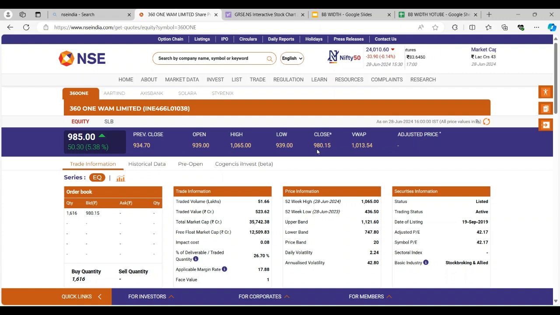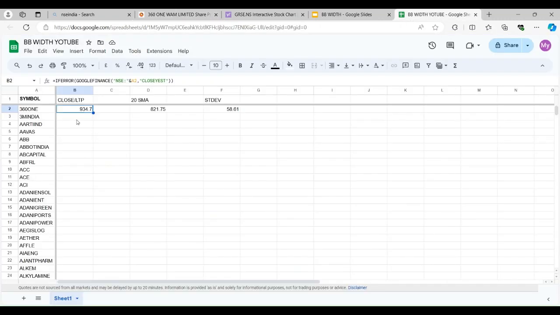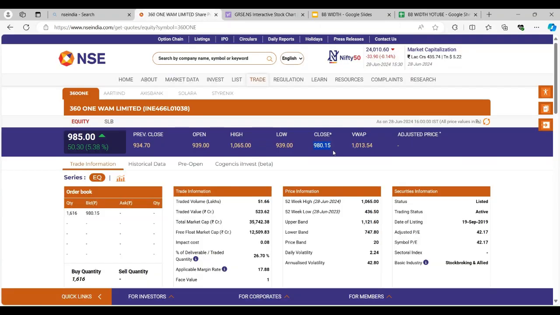Maybe Google Finance is not updating the close price by Friday evening or Saturday morning or Sunday morning. Okay, this happens only if you are working on the sheet during the weekend.